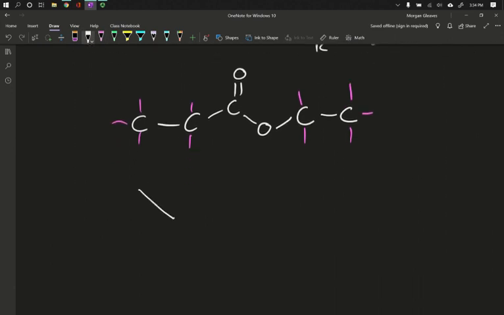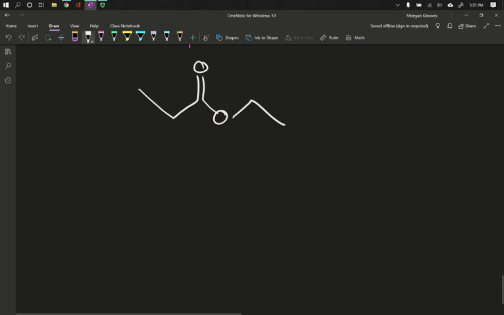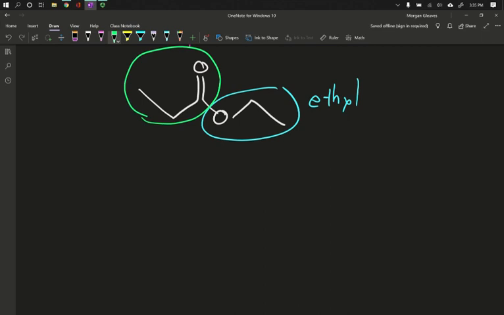So what is this one? This is 3 carbons, double bond oxygen, O, 2 carbons. Well, we name the single bonded oxygen side first as if it was a subgroup. It is 2 carbons long, so it is an ethyl. We then put a space and we name the double bonded oxygen side as the main group.